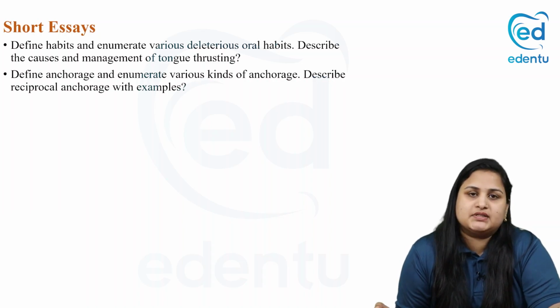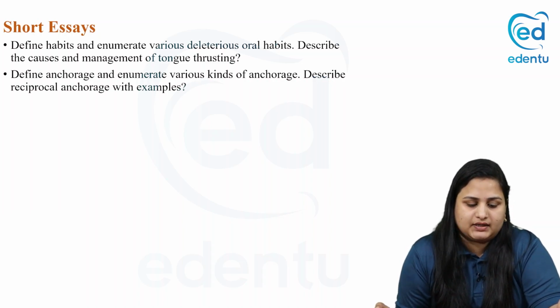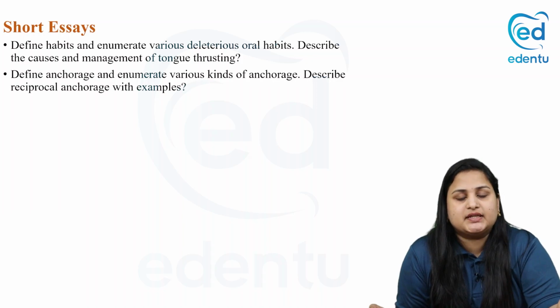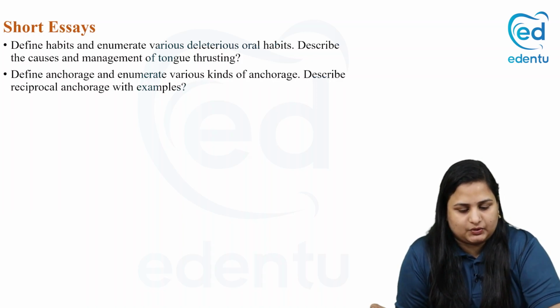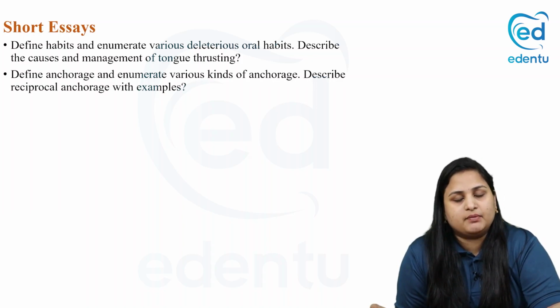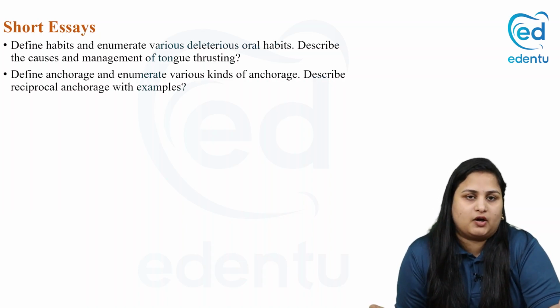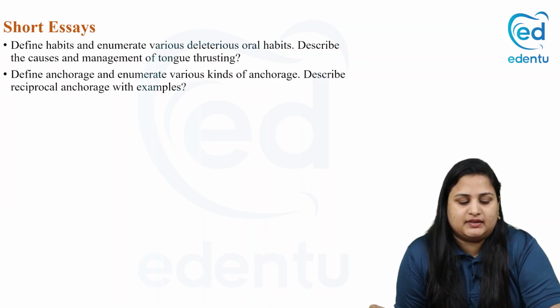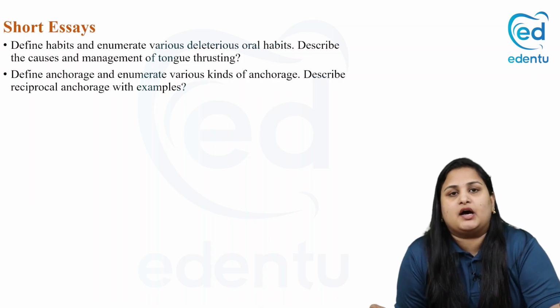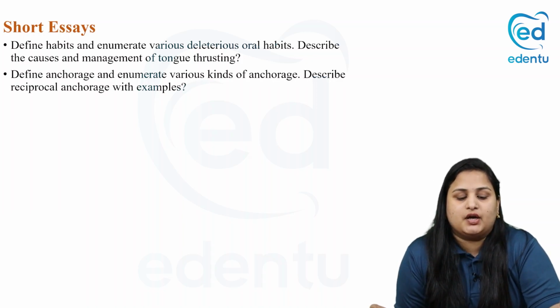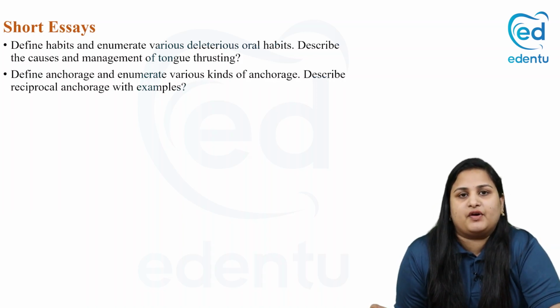Defining habits can give you 1 mark, enumerating various deleterious habits can give another 1 mark, and then the remaining 3 marks are equally distributed as 1.5 and 1.5 in explaining what the causes are that lead to tongue thrusting and how it can be well managed is where your marks come in.